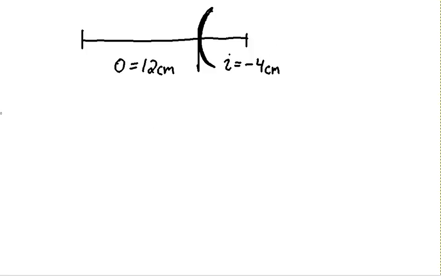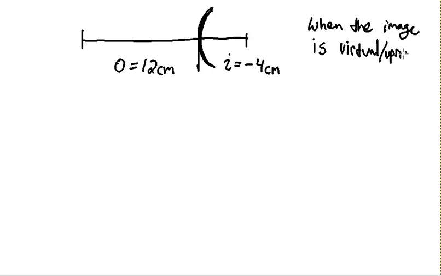So maybe we should write down a quick little sentence here. When the image is virtual and upright or erect, I is going to be less than 0.